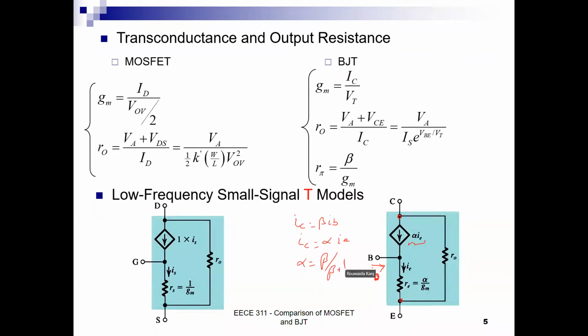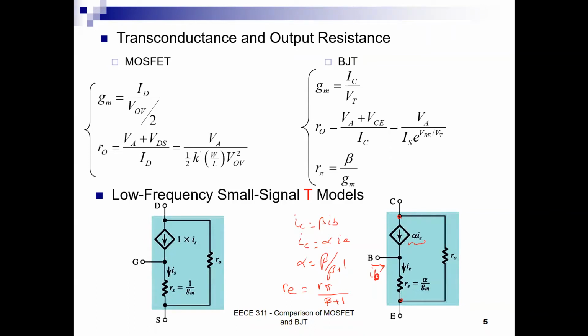We also know that if I have R pi, we defined RE equal to R pi over beta plus 1. So RE is really R pi, but much smaller, divided by beta plus 1.